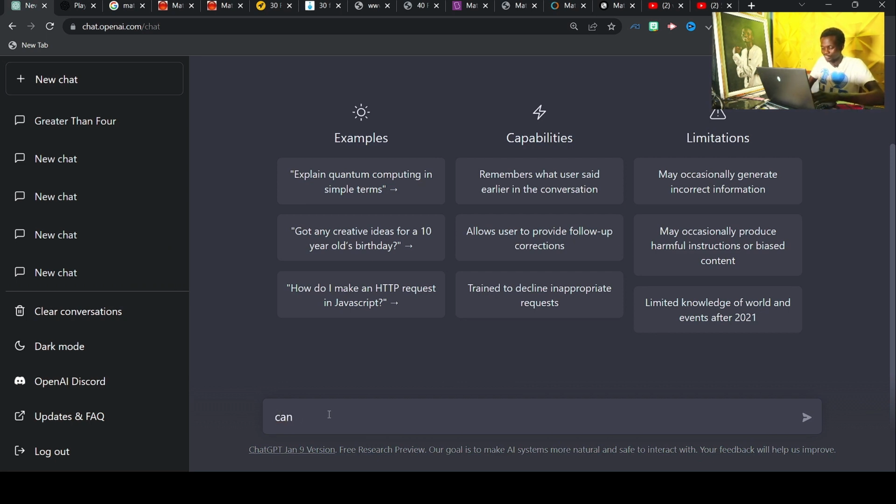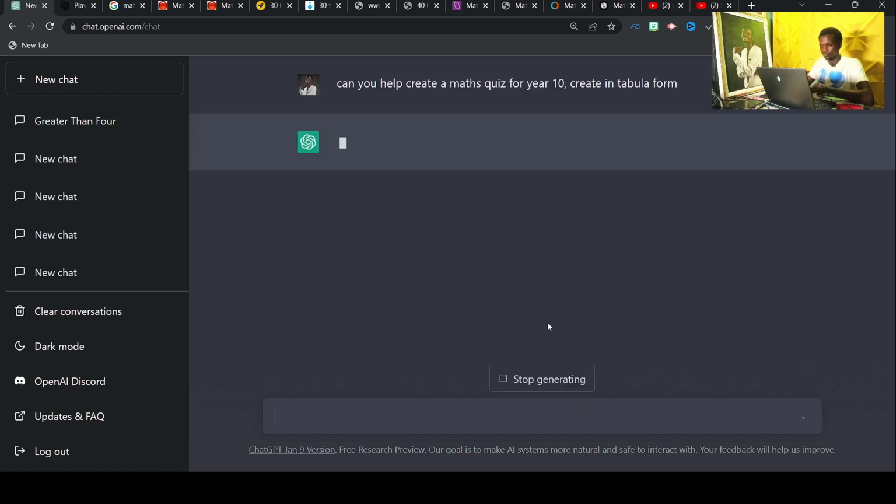Let's start with a quiz. Can you help me create a math quiz for year 10? Okay, year 10, create in tabular form. Let's see.